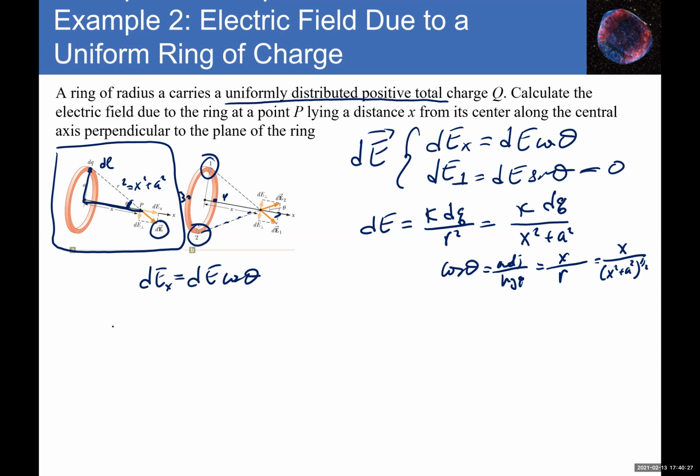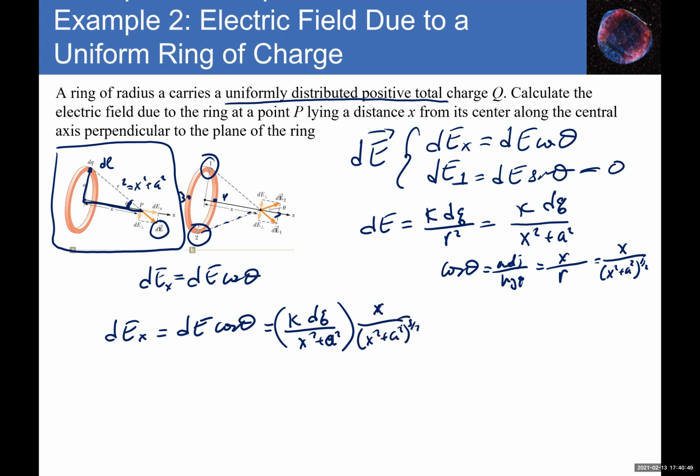If I come back here, my dEx equals dE cosine of theta, where dE equals k dq over x squared plus a squared, and cosine of theta is x times x squared plus a squared to the 1/2.